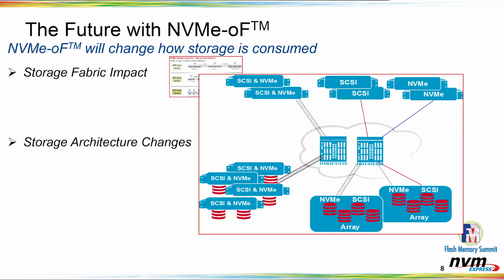The second thing is how the storage architecture changes. I talked a little bit about it on the array side. Obviously, we will have arrays that support both NVMe and SCSI, and probably at some point, who knows, arrays that only support NVMe.